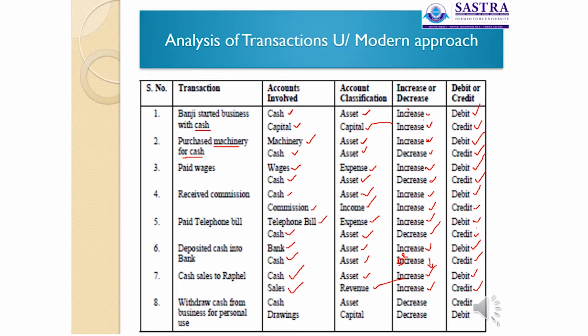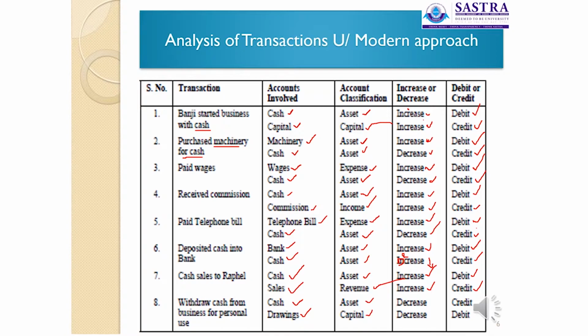Then withdraw cash from business for personal use. So cash account and another one is drawings account. Cash account is relating to asset account. Drawings account, drawing amount which is to be deducted from the amount of capital. So it reduces the amount of capital.